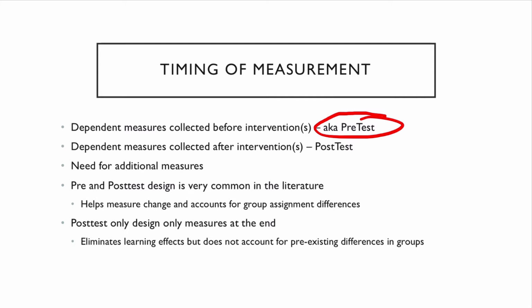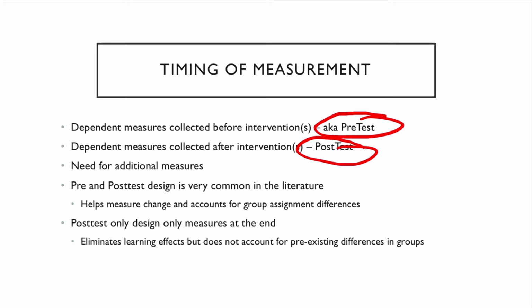So again, if I'm looking at something related to speed, I may want to put some fast and slow people in each of the treatment groups and not run the risk of having all the fast people in one group, where it's much harder to potentially have speed gains, and so on. So often we'll do a pretest before the independent variable or the treatment is applied. And then obviously we'll have a post-test afterwards to see if there was any change in the measure as a result of our treatment.